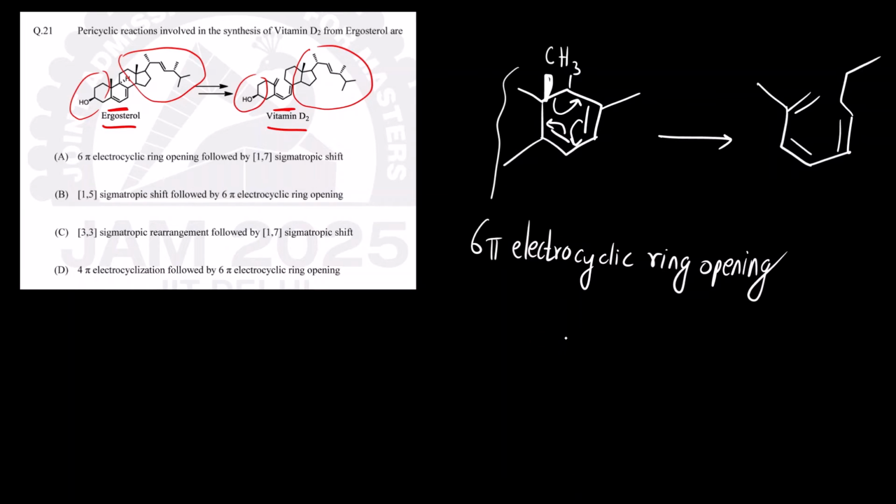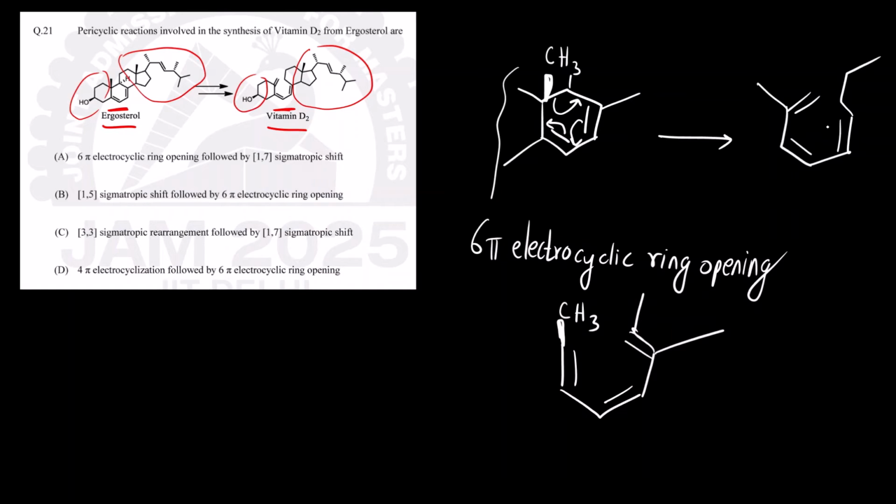So what you will get: a double bond. Here there is this methyl group, double bond, double bond. Here there is a double bond, then here there is this group, right? This is the structure that we got, and here there is this entire ring.